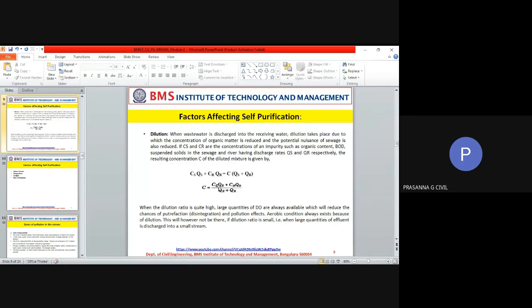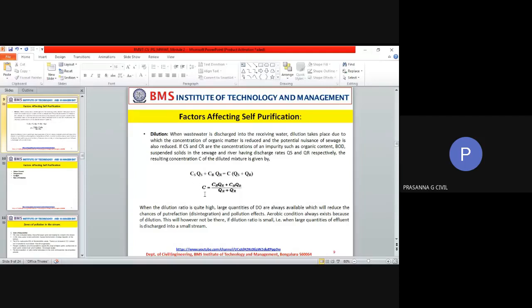So the concentration of BOD in your sewage into the quantity of sewage water, plus the concentration of BOD present in your river water into the discharge of river water, that is meter cube per second of river water, divided by the total discharge.